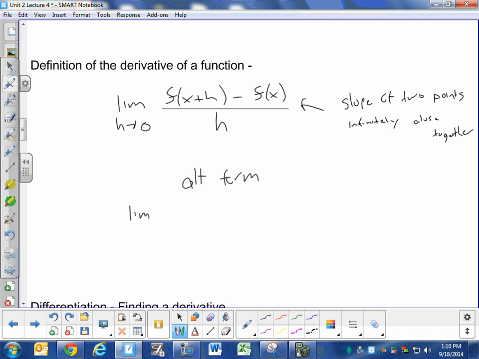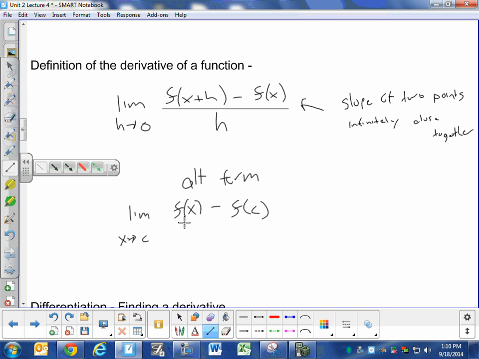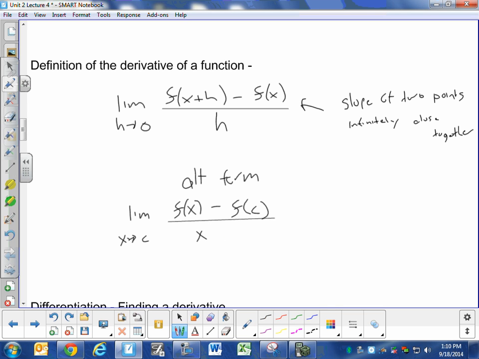It's the limit as x approaches c of f of x minus f of c over x minus c. Okay? We just need to be comfortable with it, but today and for your test, you need to be comfortable with that guy, primarily.